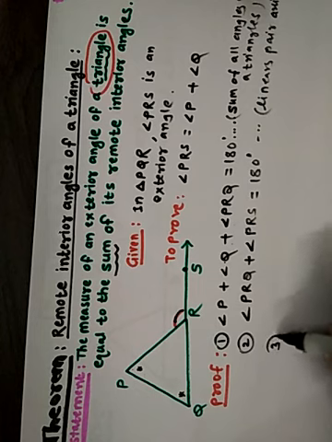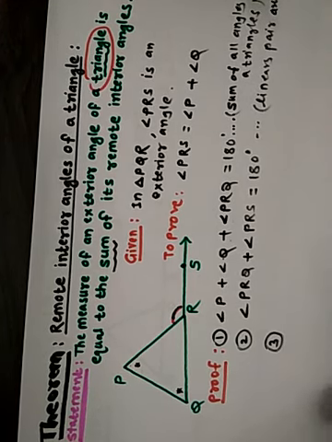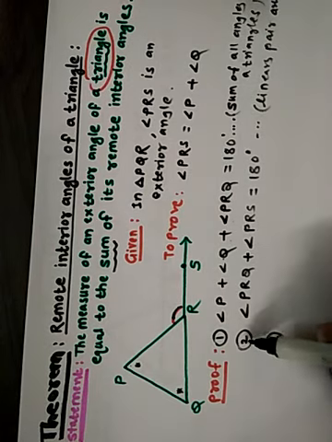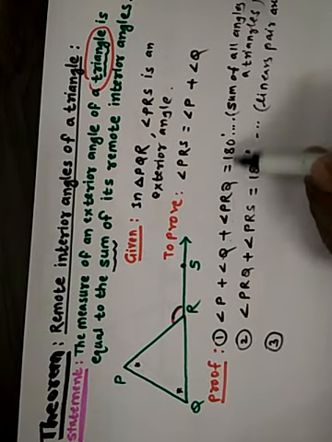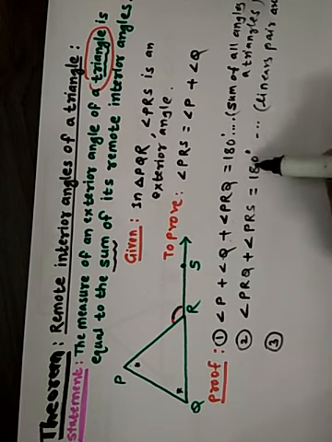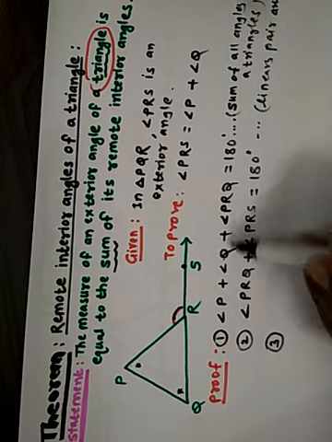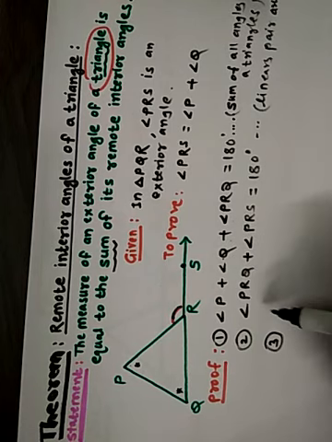Now the third and last statement in this theorem. See here, statement number 1 and statement number 2. This is the left hand side and this is the right hand side. Both right hand sides are equal, which means we conclude that their left hand sides are also equal.